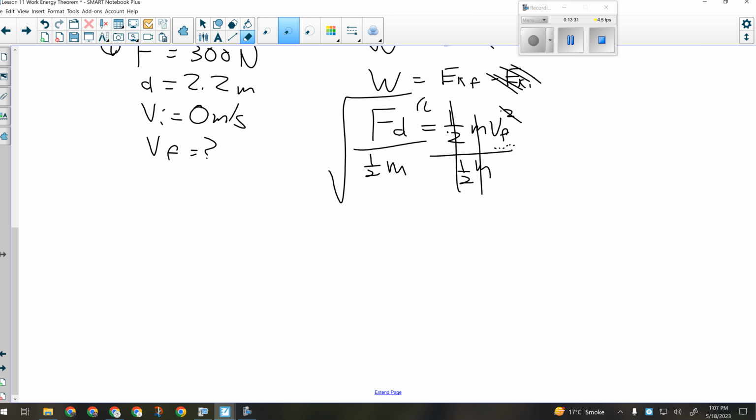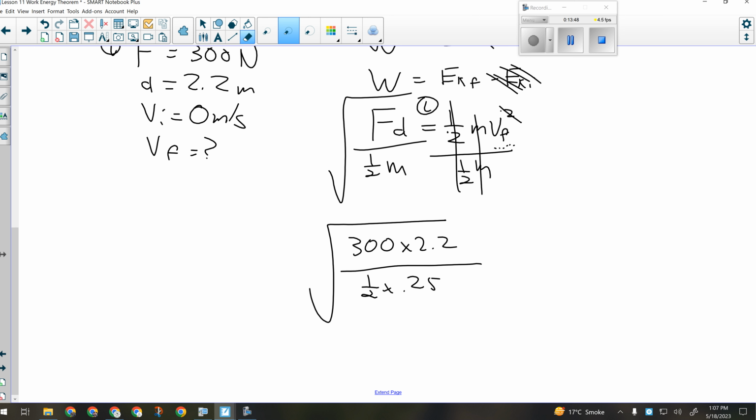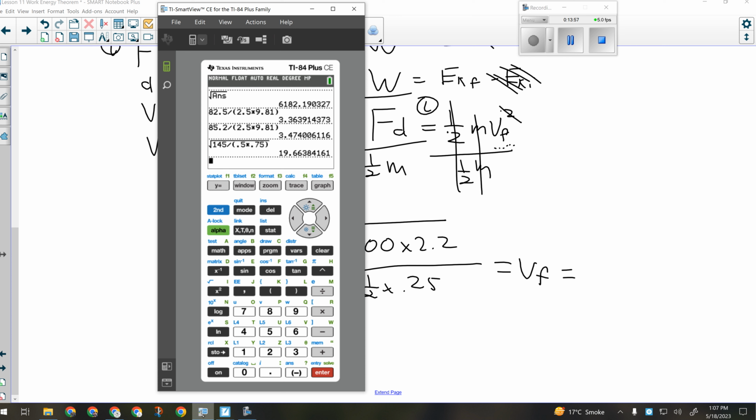So you get a mark for that manipulation, and you probably on a test get a mark for plugging in the numbers. So 300 times 2.2, so 300 newtons was our force, 2.2 meters was our distance, divided by 1/2 times our mass, which was 0.25. That will give us our final speed. My suggestion would be don't try to do this all in one step.